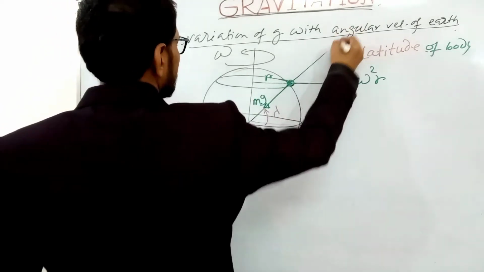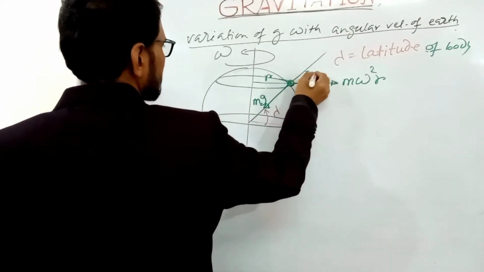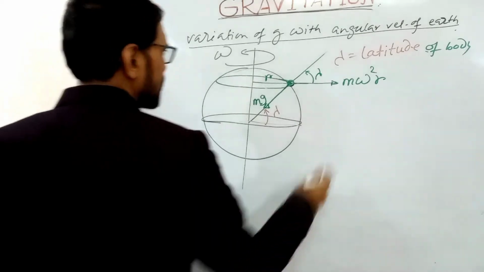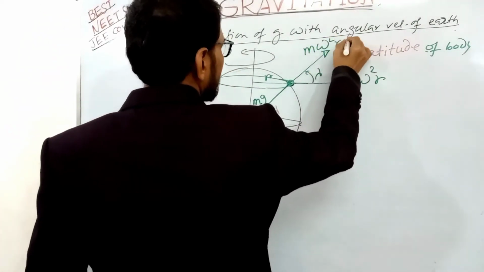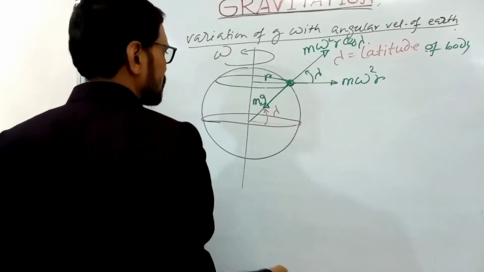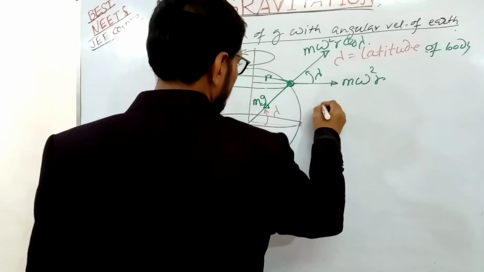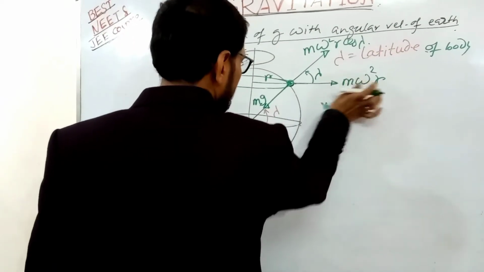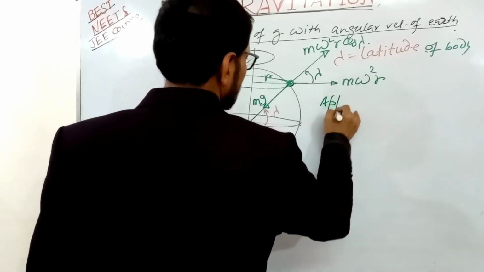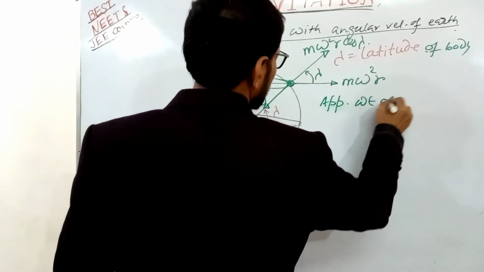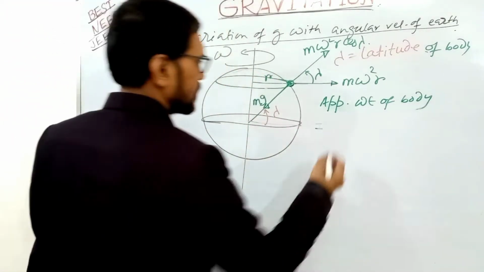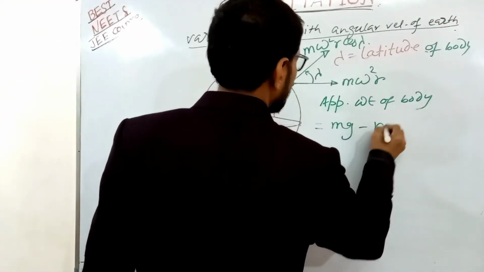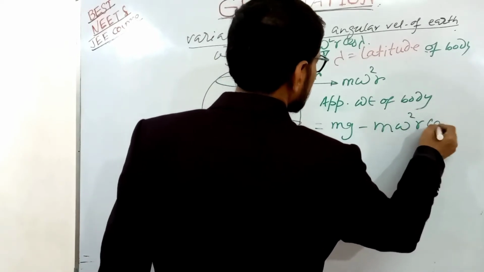Suppose this angle is lambda, and a component of this force along this direction is m omega square r cos lambda. So net weight, that is apparent weight of body, will be mg minus m omega square r cos lambda.